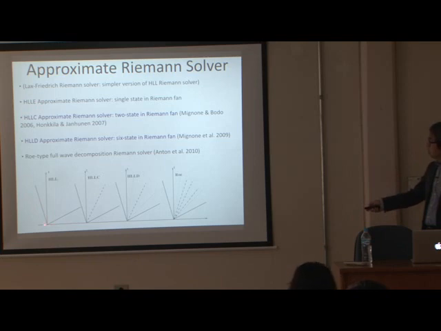So with the fast magnetosonic wave there is only one state inside, or if we consider the fast magnetosonic wave with the contact discontinuity, then we get two states. Or we additionally consider the Alfvén wave information on the right hand side and left hand side, then we can divide it into 1, 2, 3, 4 states inside.